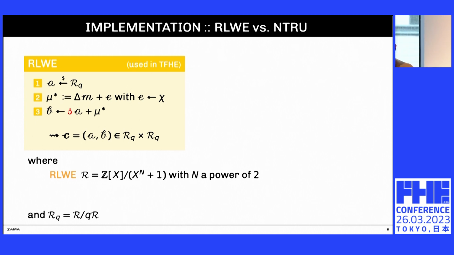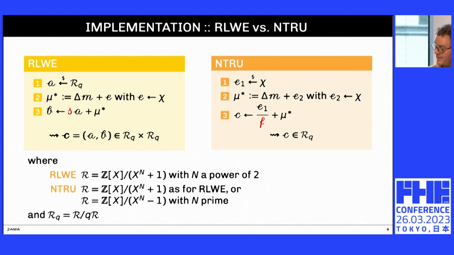But there is another way. Ring LWE is not the only one. You may also use NTRU. This is just a reminder of the way it works. You first choose some random noise, then you form the noisy value of the message in the same way as for ring LWE. So you scale the message by some factor delta, and you add some more noise E2.